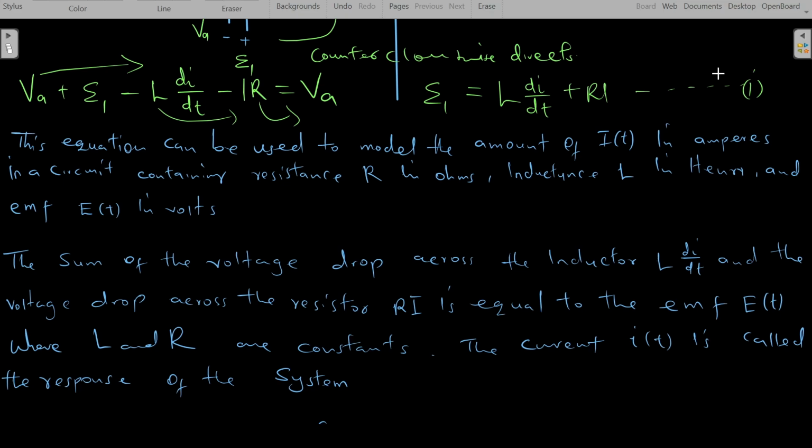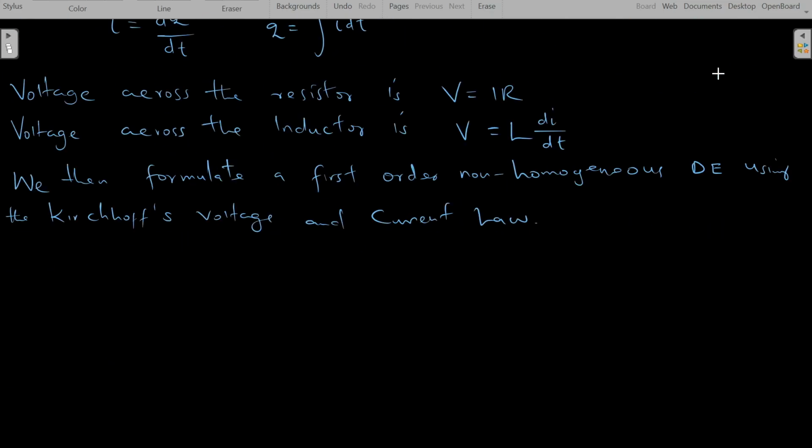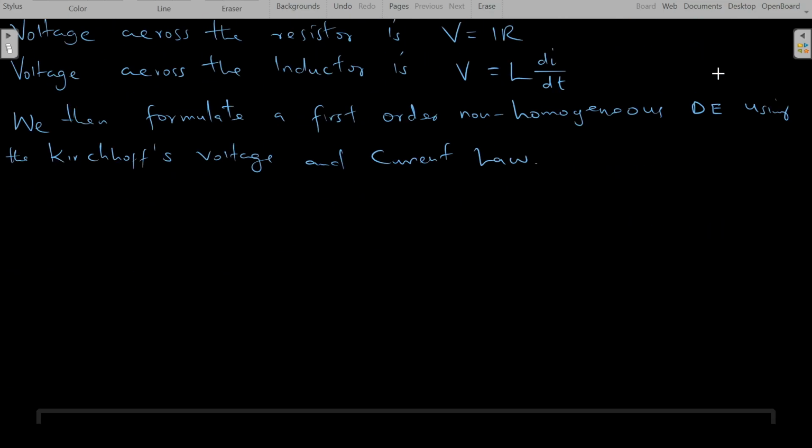So this is the equation which we are having. This is a first order non-homogeneous differential equation. We are saying E as a function of time should equal L di upon dt plus RI.